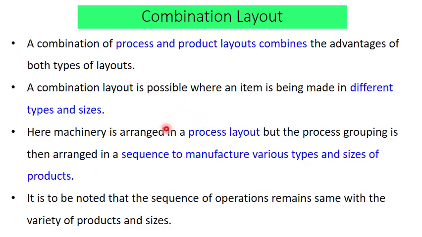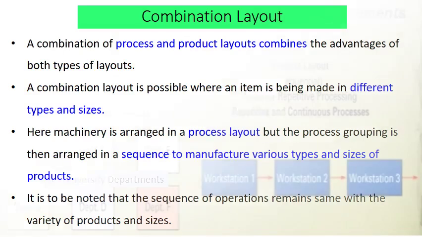So we can bring those product and process layout advantages together. It is to be noted that the sequence of operations remains the same with the variety of products and sizes in the case of combination.